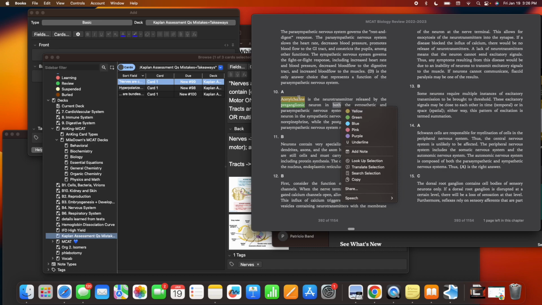So if acetylcholine is the blank, what is the neurotransmitter released by the preganglionic neuron in both?